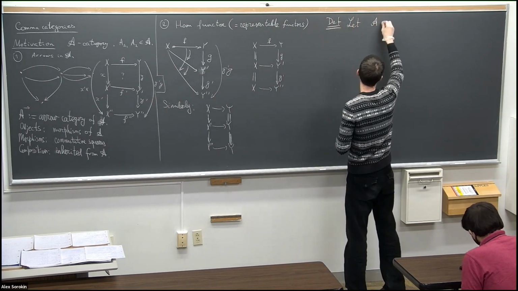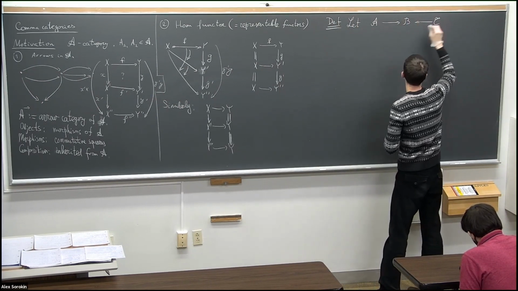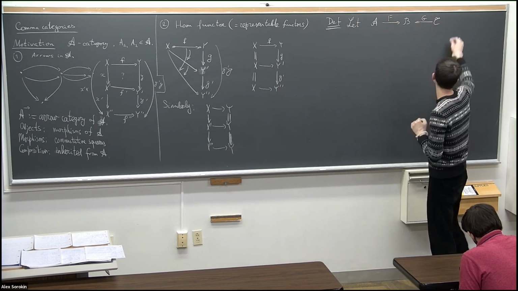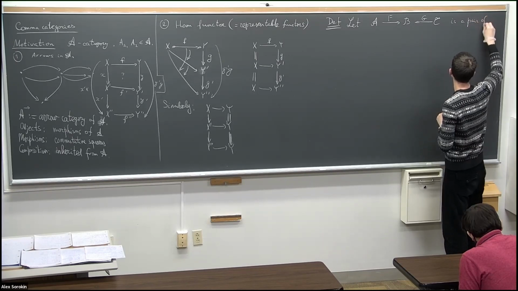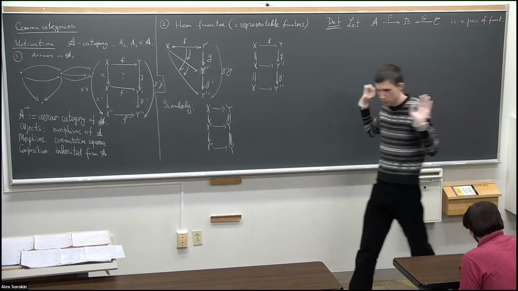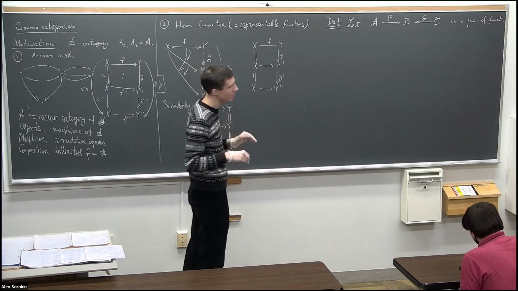Let A, B, C be categories and F, G a pair of functors. Categories are locally small. I'm trying less and less to think about the sizes.